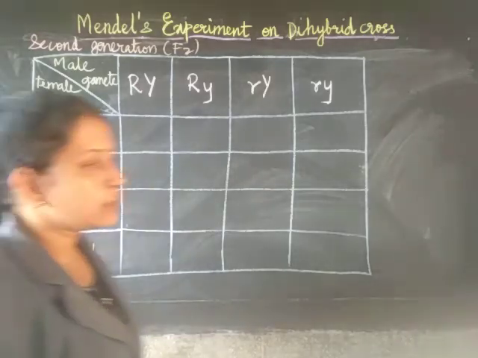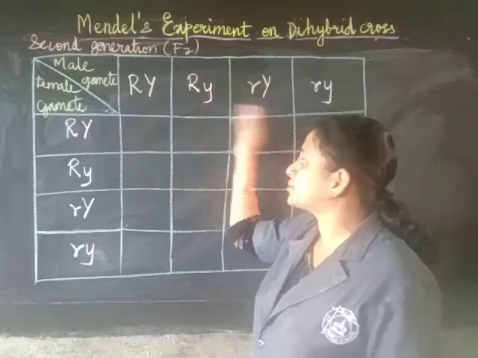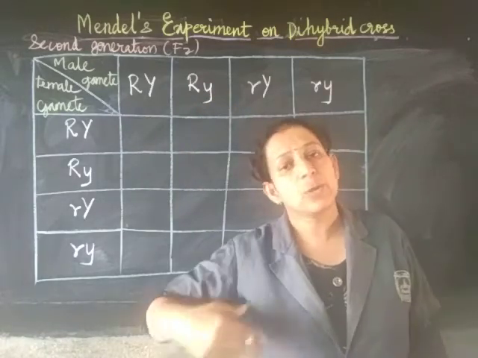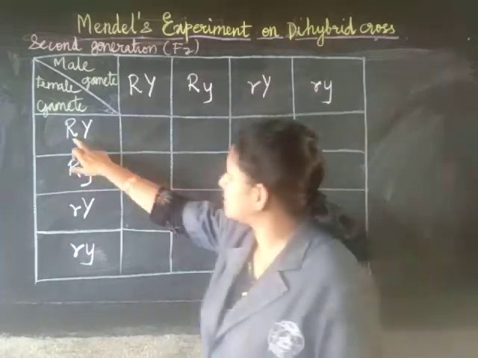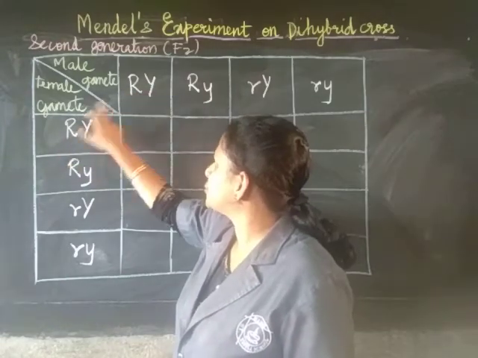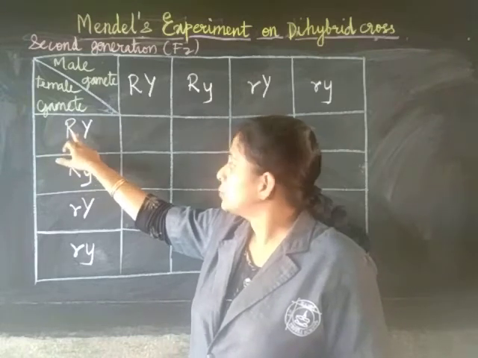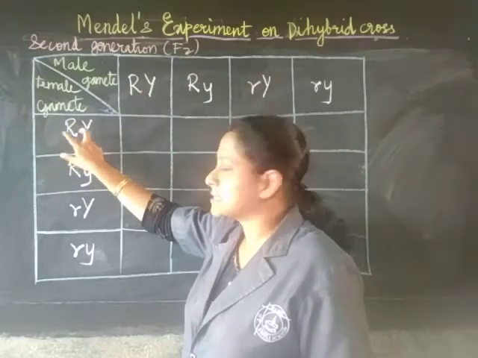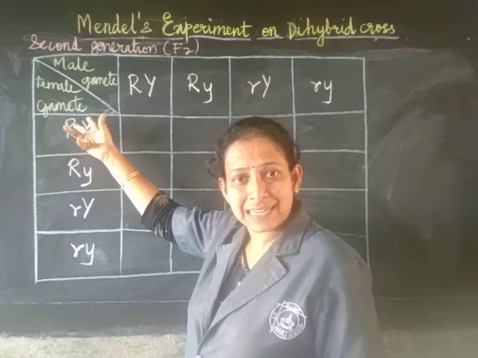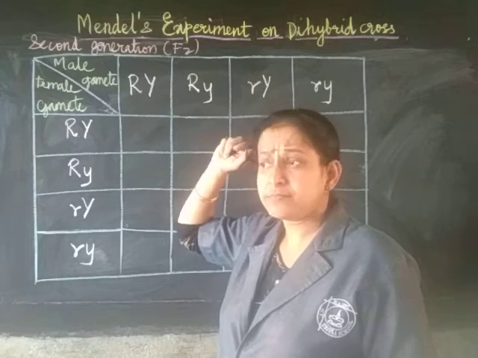Let's see now when different types of gametes come together, what combinations we are getting. In this case, what we have to do is this. The two genes of the same characteristic you need to write down together. The same characteristic is either round, wrinkled, or green, yellow.